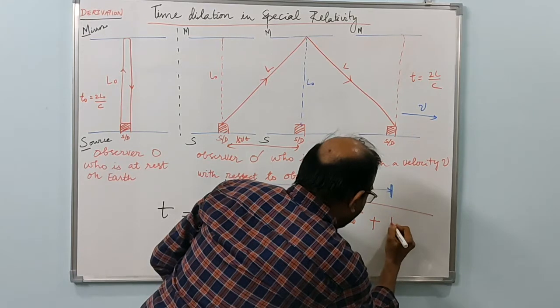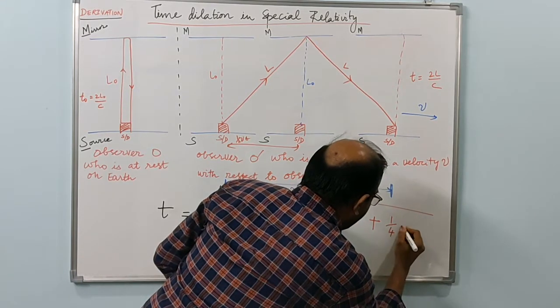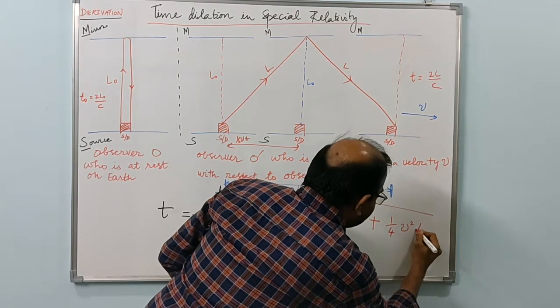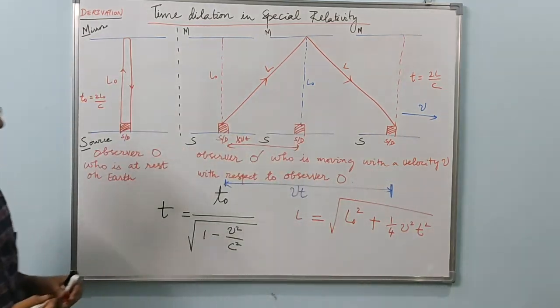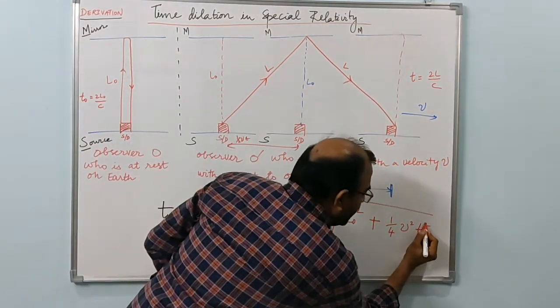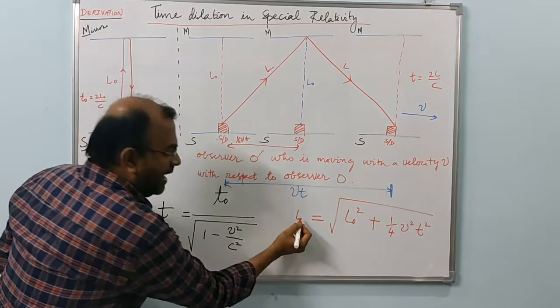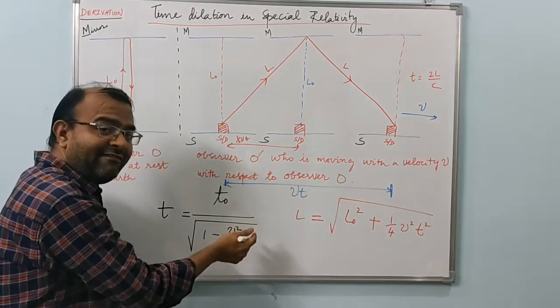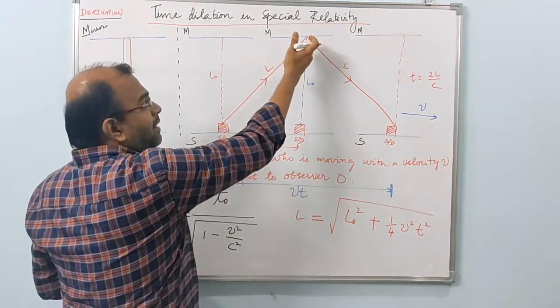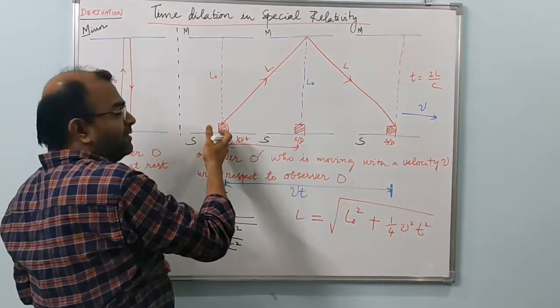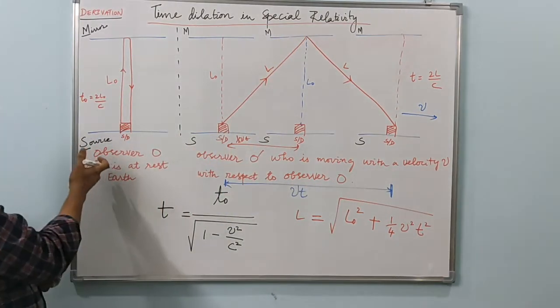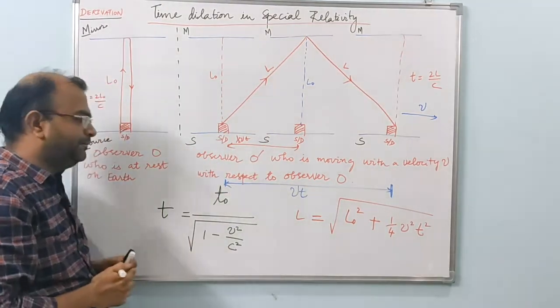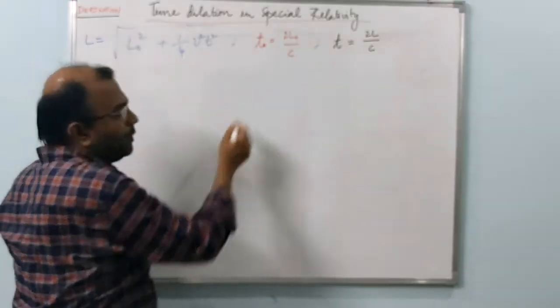So you have the square of that, so 1 by 4 V squared T squared. So this would be the distance traveled by the light beam from the source to the mirror as measured by observer O. Right. So we have these expressions now.